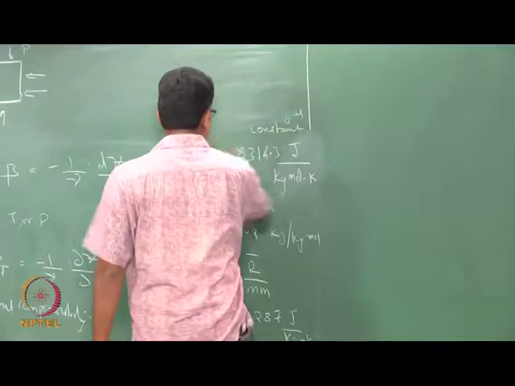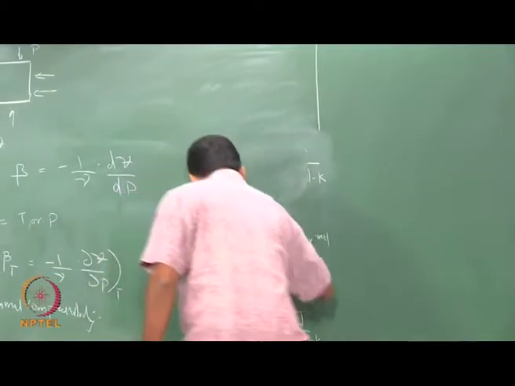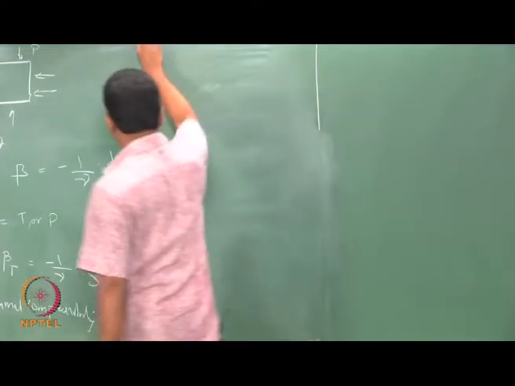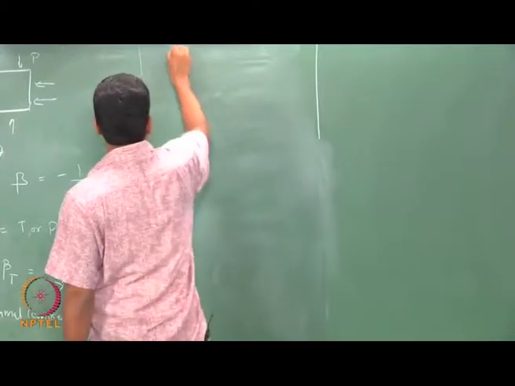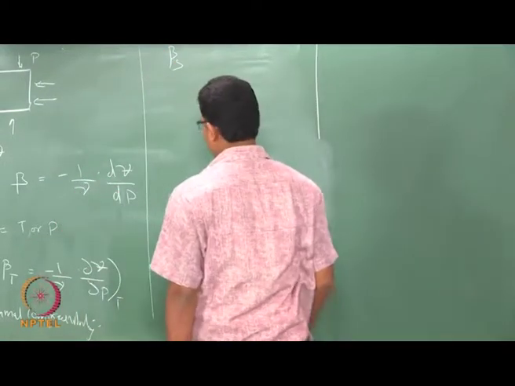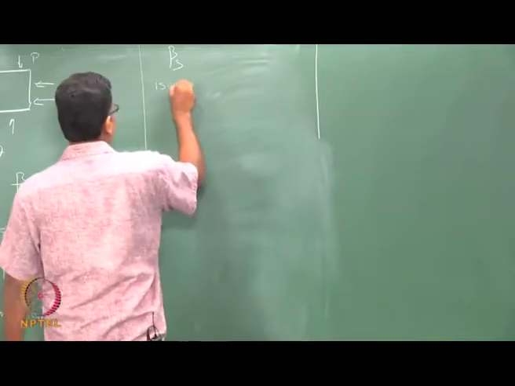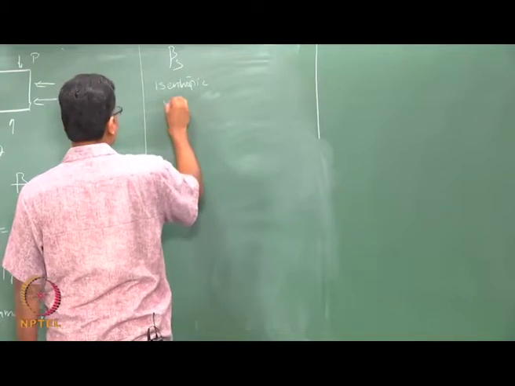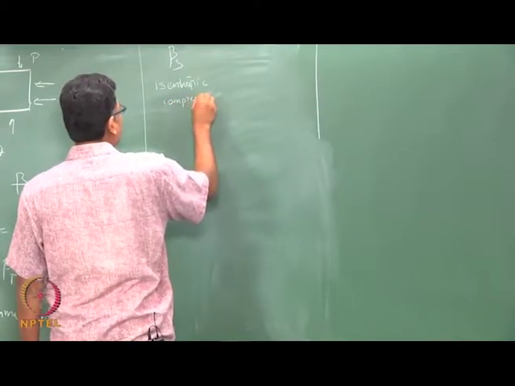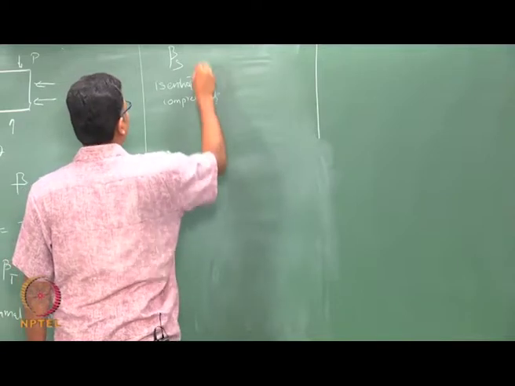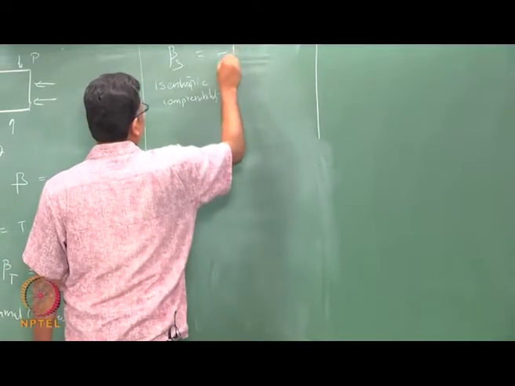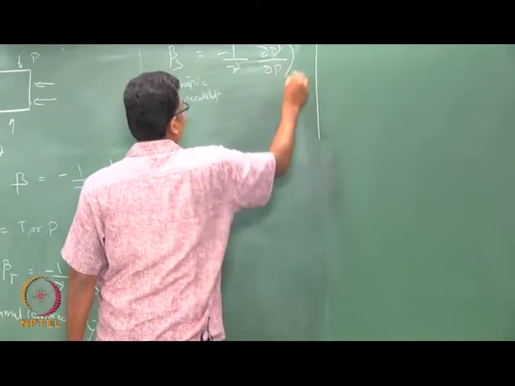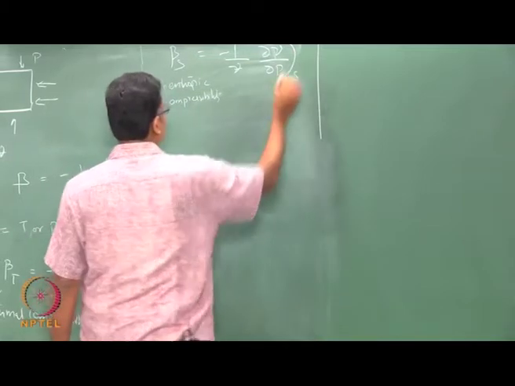Or in the same logic, I can define something called isentropic compressibility as at constant entropy.